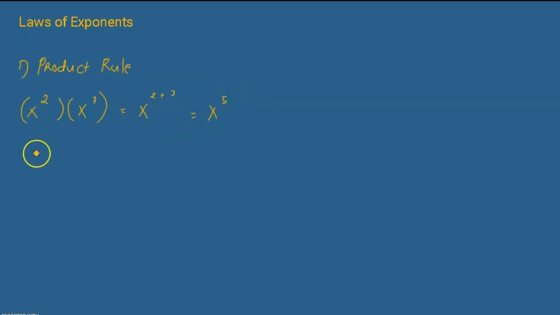Okay? Another one. If we have here y raised to 8 and then to be multiplied by y, so this one will be y raised to 8 plus 1. So that will be equal to y raised to 9. Okay.